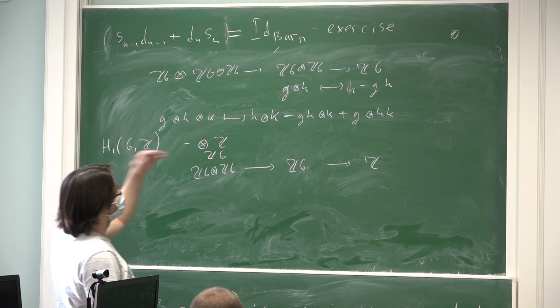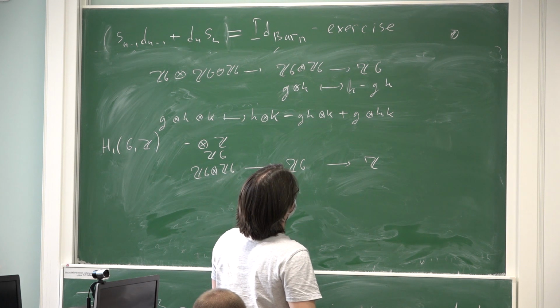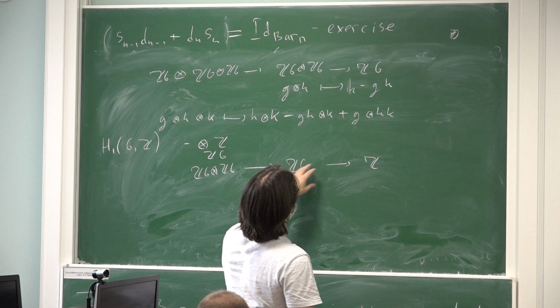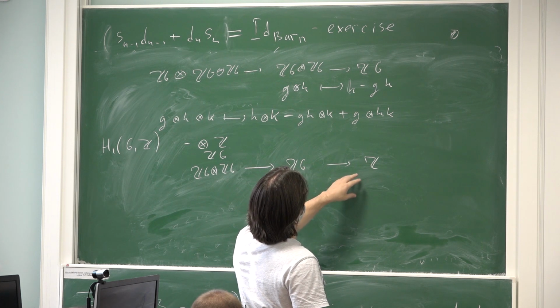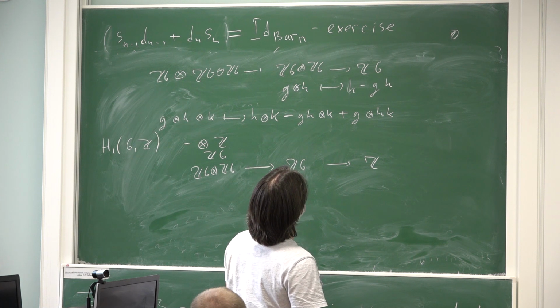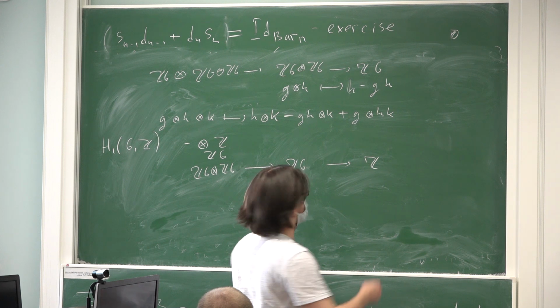And this map is what? It sends g to 1 minus 1 times g.